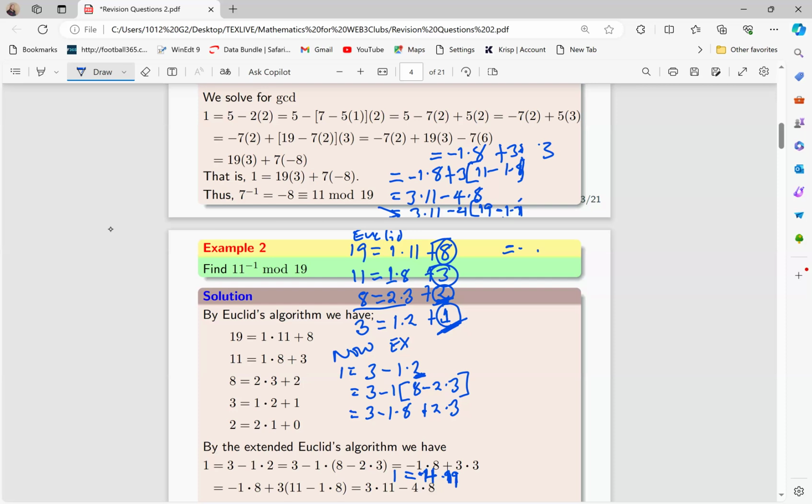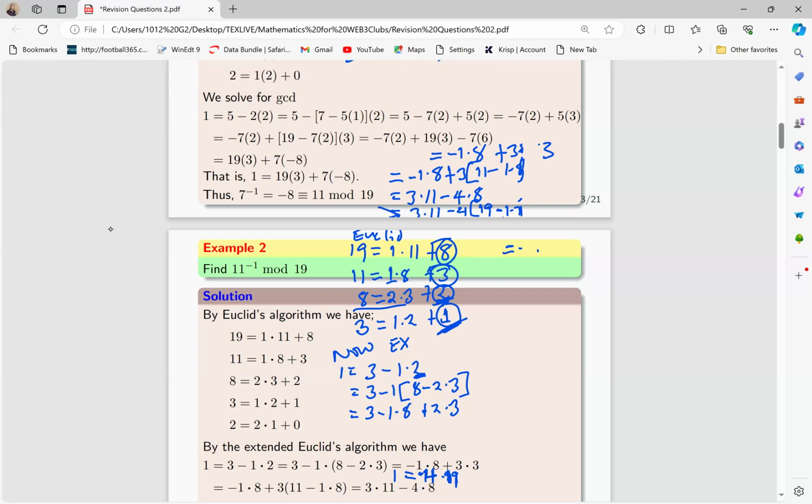And then this is -1 times 11. But there's -4 outside. That gives us +4 times 11. And there's a +3 here, which gives us +7 times 11. What we wanted was the inverse of 11, the element which when multiplied by 11 gives you 1. That element is 7. So the inverse of 11 is 7.